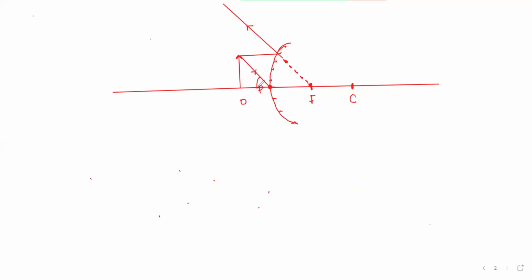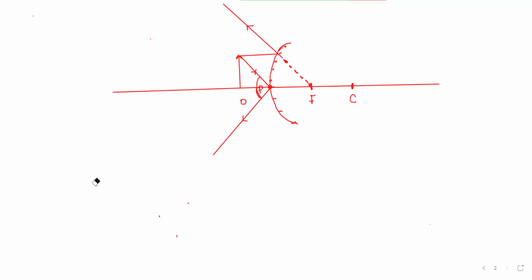I am estimating; you can use a protractor to get the exact angle. Now look at the two reflected rays, this one and this one. They are widening the more, so there's no way they would ever meet to give you a real image in front of the mirror.